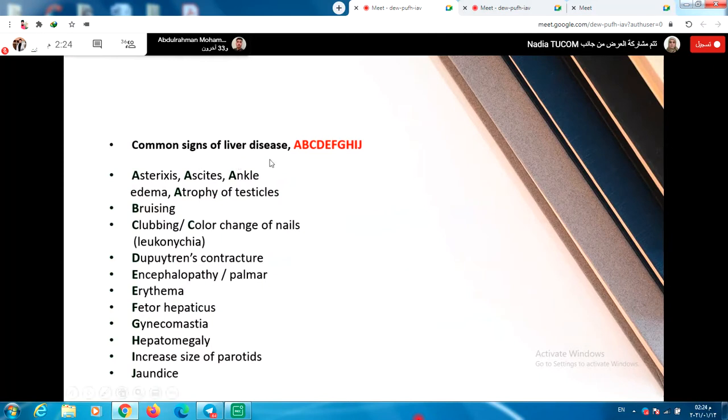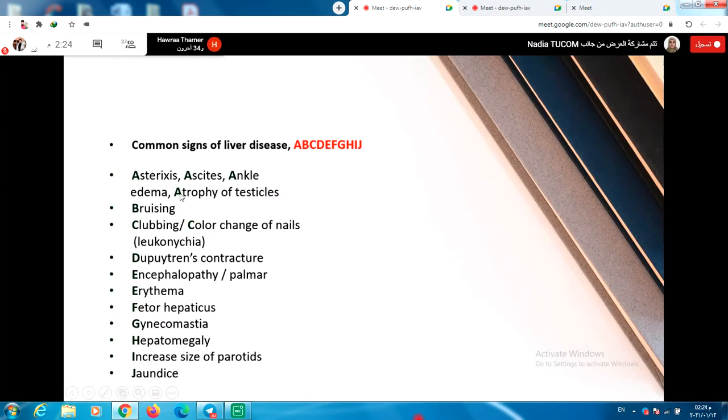These are common signs of liver disease, summarized as A, B, C, D, E, F, G, H, I, J. A is for asterixis. Asterixis is a flapping tremor, also called liver tremor or hepatic tremor, of the hand with wrist extension. Ascites is due to decreased osmotic pressure and accumulation of peritoneal fluid.